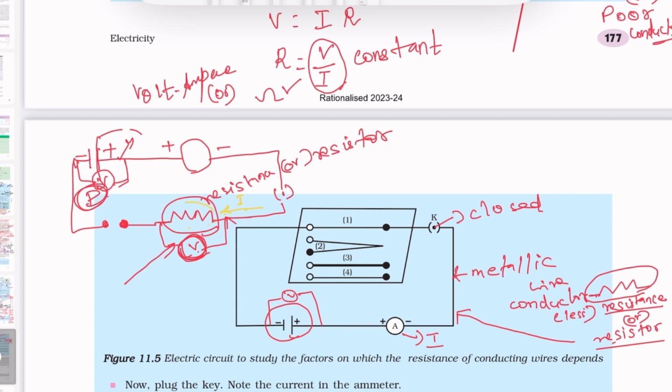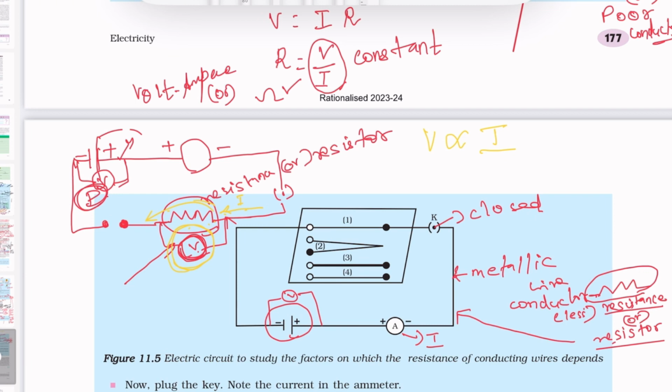When the current is moving across this resistance, the current value will change, and obviously the potential difference, the V also, will change. That is the formula, because V is proportional to I. Whenever there is an increase or decrease in I, V also changes. That is the reason wherever you find a resistance, I can connect a voltmeter and find the volts, or the potential difference, also.